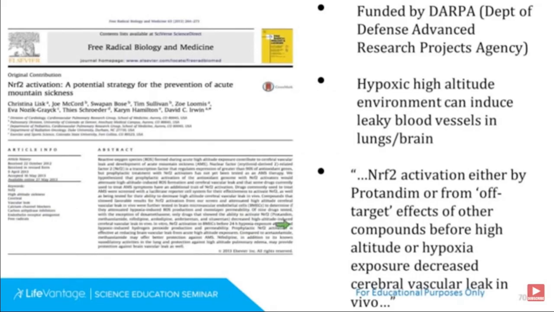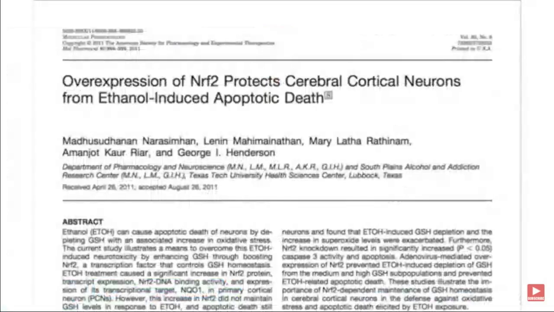This is a particular study that was looking at acute mountain sickness and showed that Nrf2 activators, with Protandim or other off-target effects of other compounds, before high-altitude hypoxia reduced cerebral vascular leak. Basically, that it could be a potential treatment for acute mountain sickness, which I wish I would have had when I tried to climb Long's Peak many years ago.